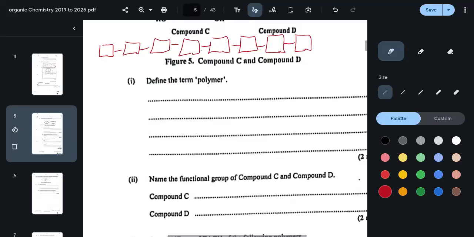So this here would be starch. And then now one of these boxes would be glucose. All right. So a polymer is a large molecule.